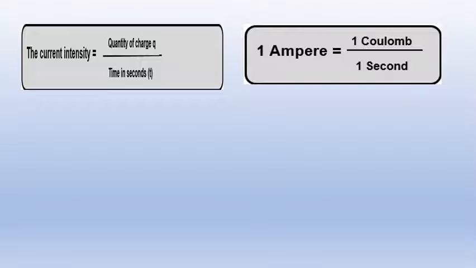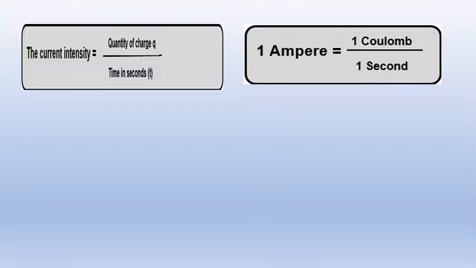Number 2, when a quantity of electric charge passes through a cross section of a conductor equal to 1 coulomb, number 3, in 1 second. You got it?